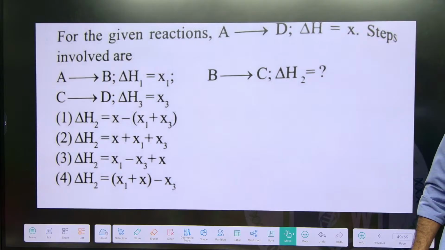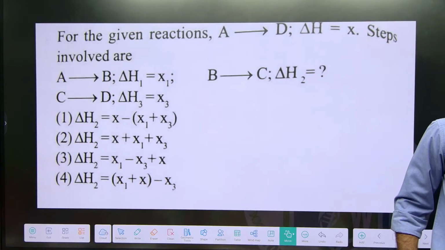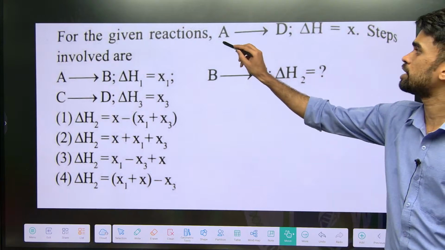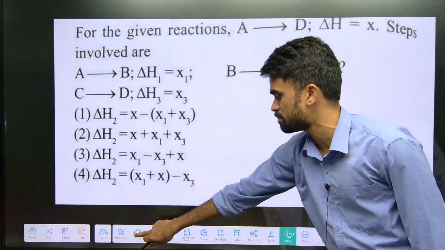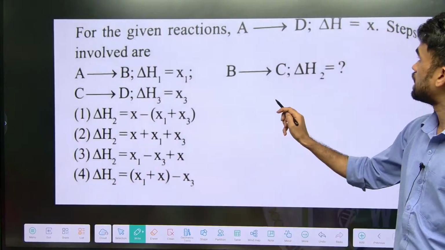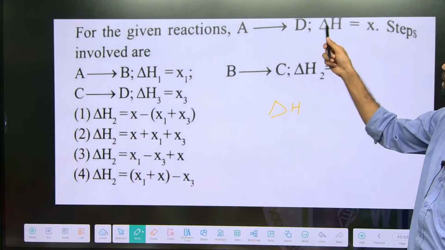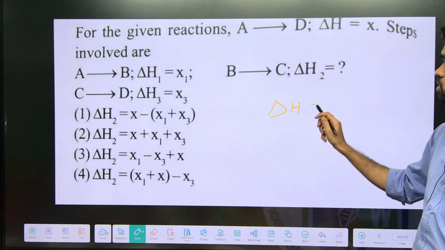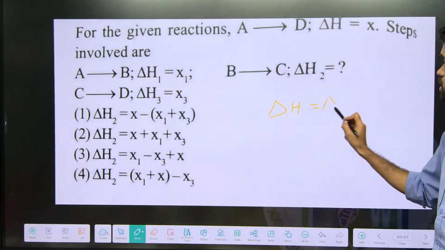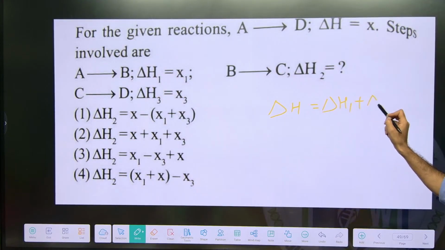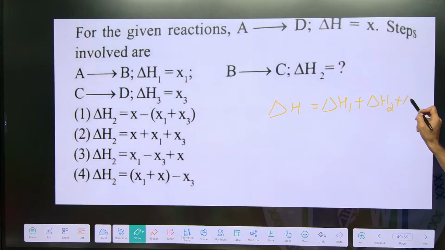Now do the question then. Everyone done? So how to do this? See, A to D is the final reaction, like a single step reaction. It means that delta H for A to D is equal to A to B delta H1 plus delta H2 plus delta H3.